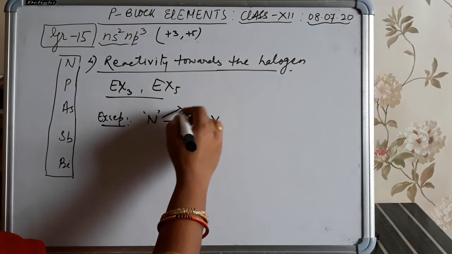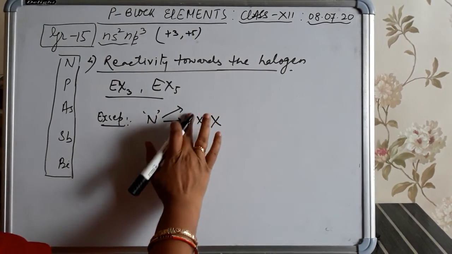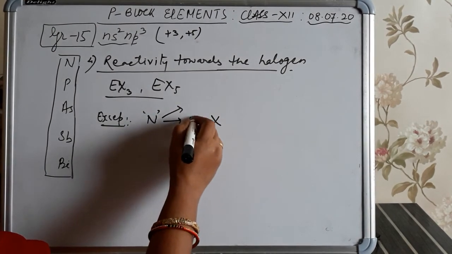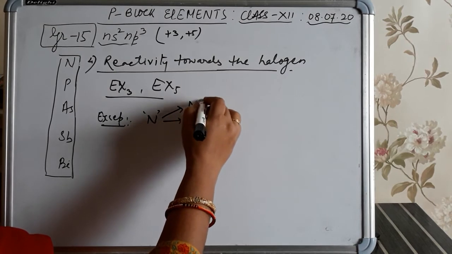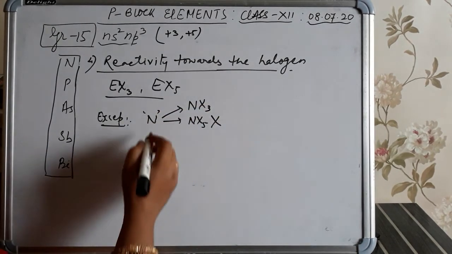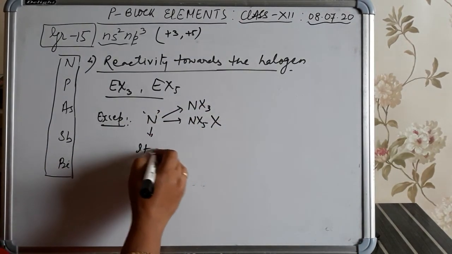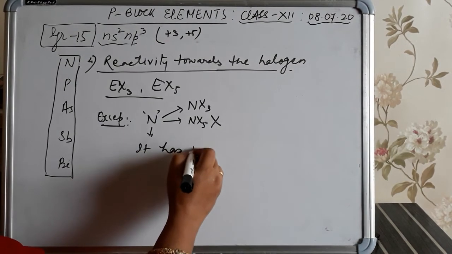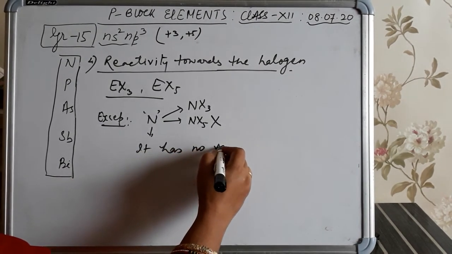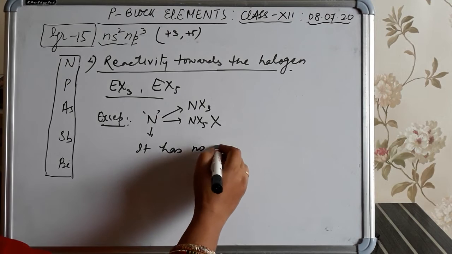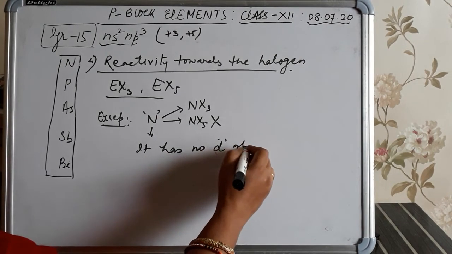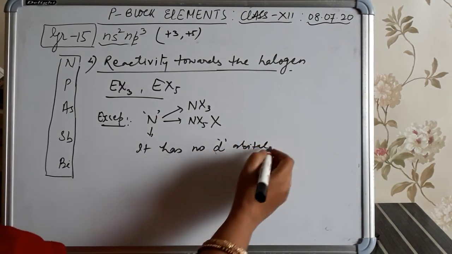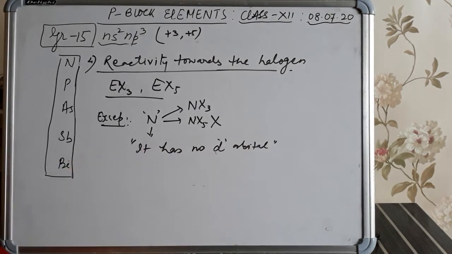It can only form NX3 because it has no d orbital, or unavailability of d orbital.